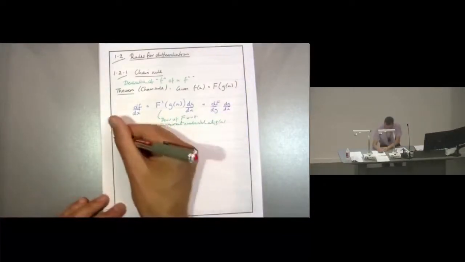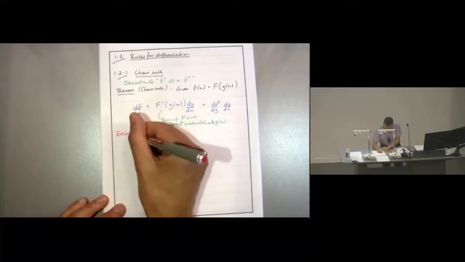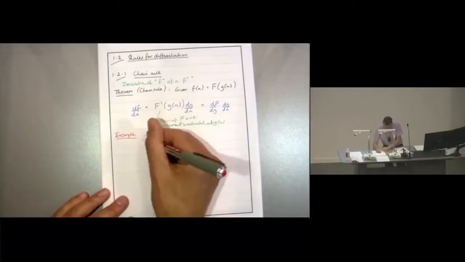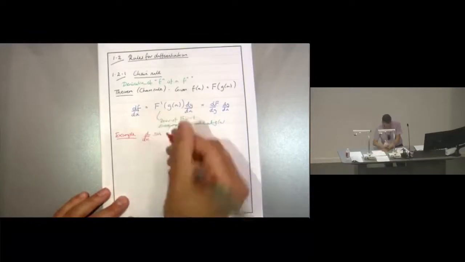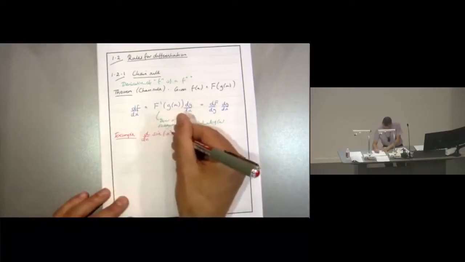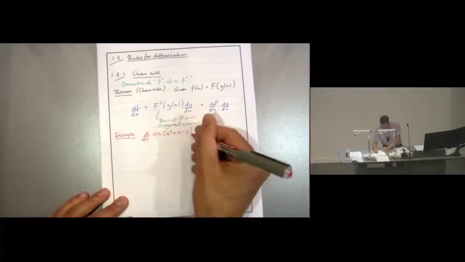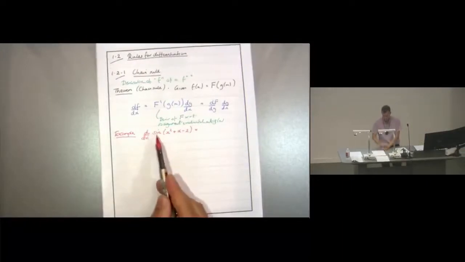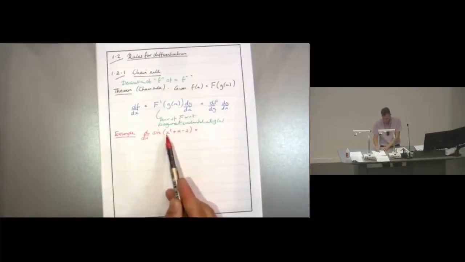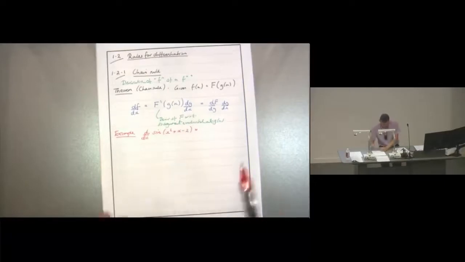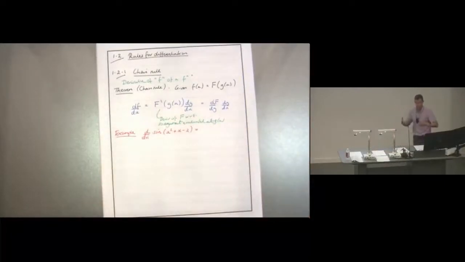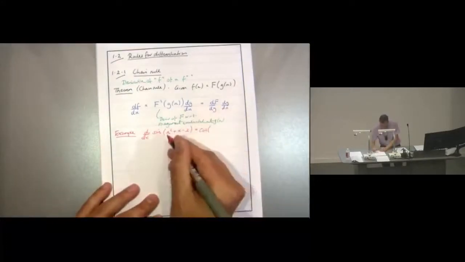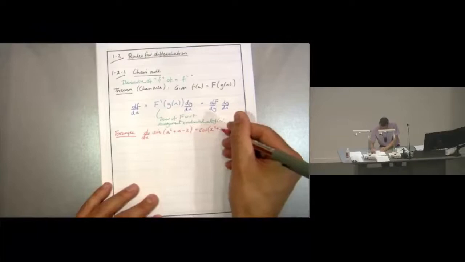Okay, so you'll all be super familiar with this, but let me just give you a quick example. So if we wanted to take the derivative of, say, the function sine of x squared plus x minus 2, then here our big F function is sine of something, and our little g is this argument x squared plus x minus 2. So the derivative of sine is cosine, and so I have cosine of the argument x squared plus x minus 2.